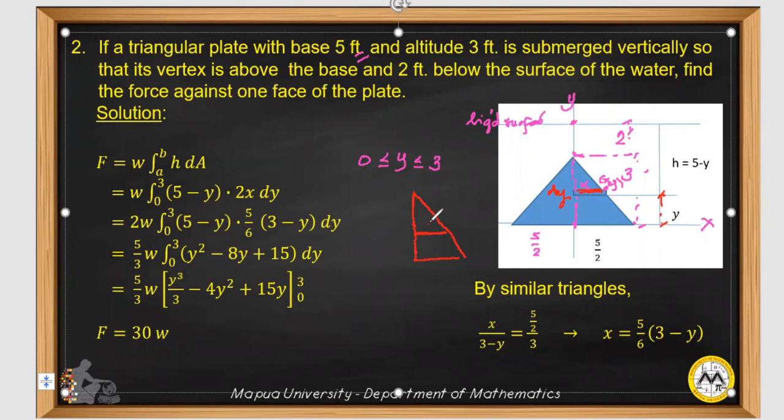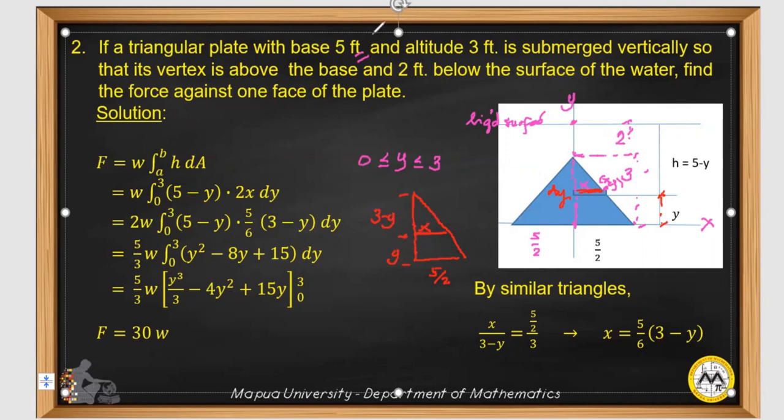Of course, this is x, the base of this small right triangle, and this is 5 over 2, the base of half of the right triangle. Now, this distance is y, therefore, the height of the small triangle is the height or altitude of the triangular plate, which is equal to 3 feet minus y. So this is 3 minus y.